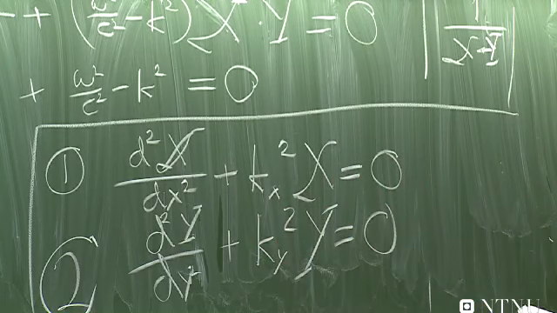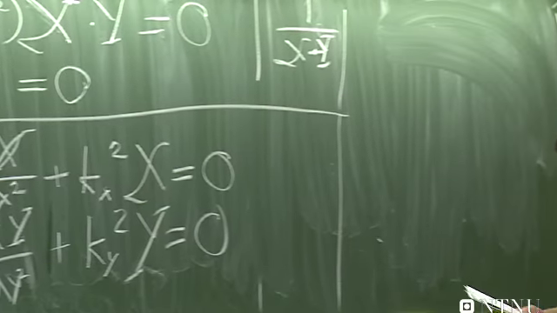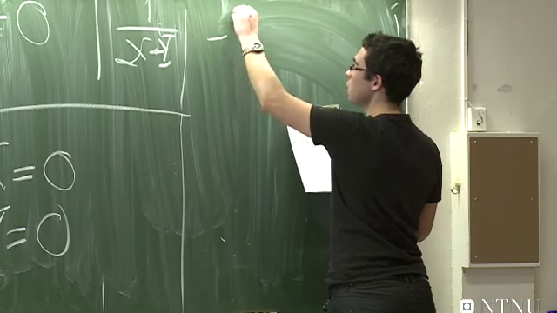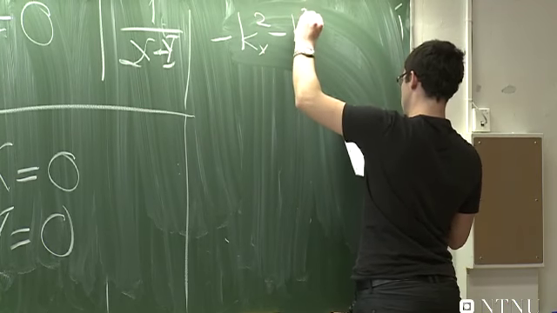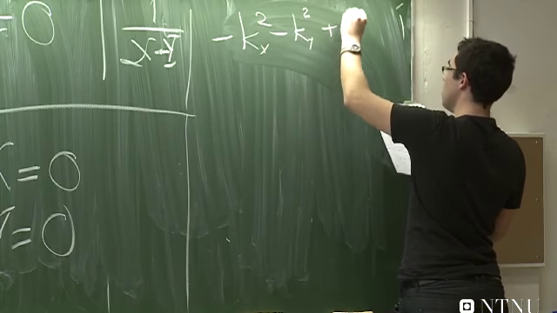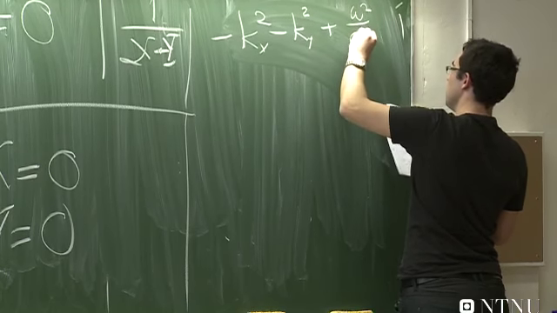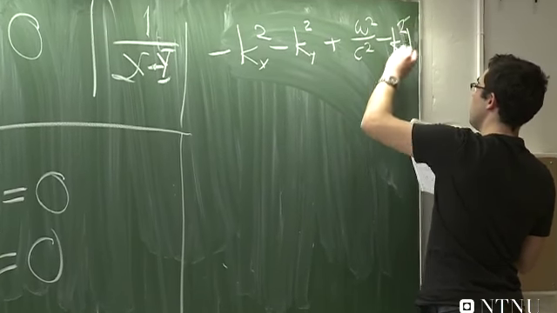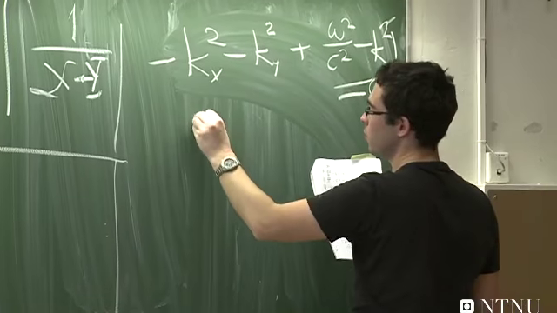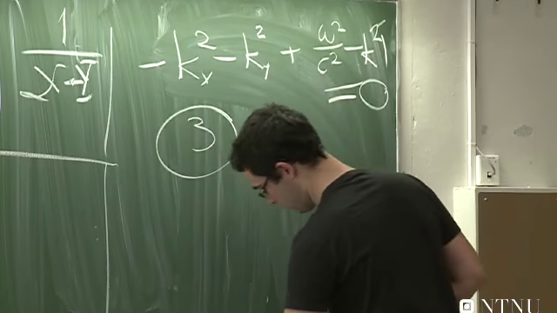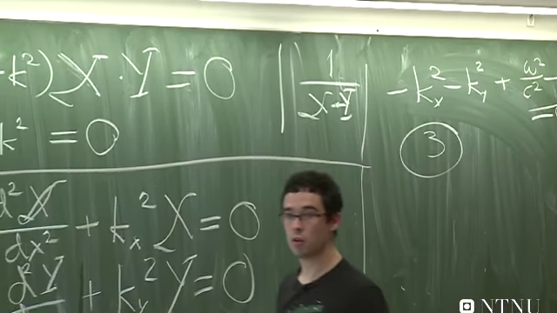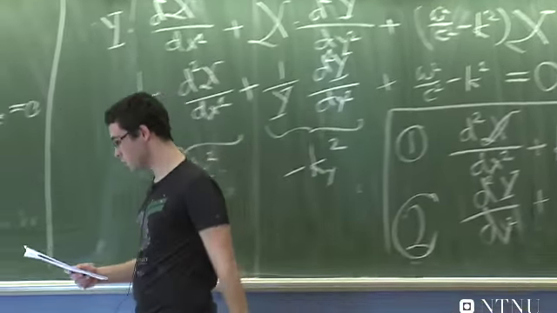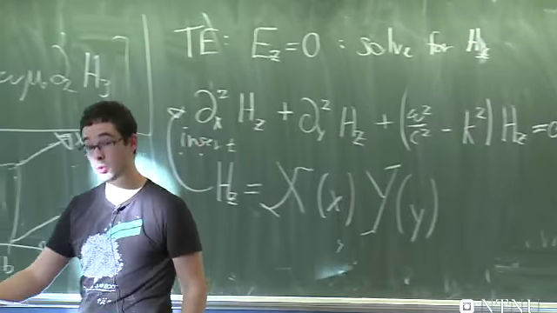Like this. And I have finally what will give me the dispersion relation, and that is kx square plus ky square plus omega square over c square minus k square is equal to 0. So that's equation 3. There we go. Now we just solve these two equations separately, subject to the boundary conditions, and see what we get out.